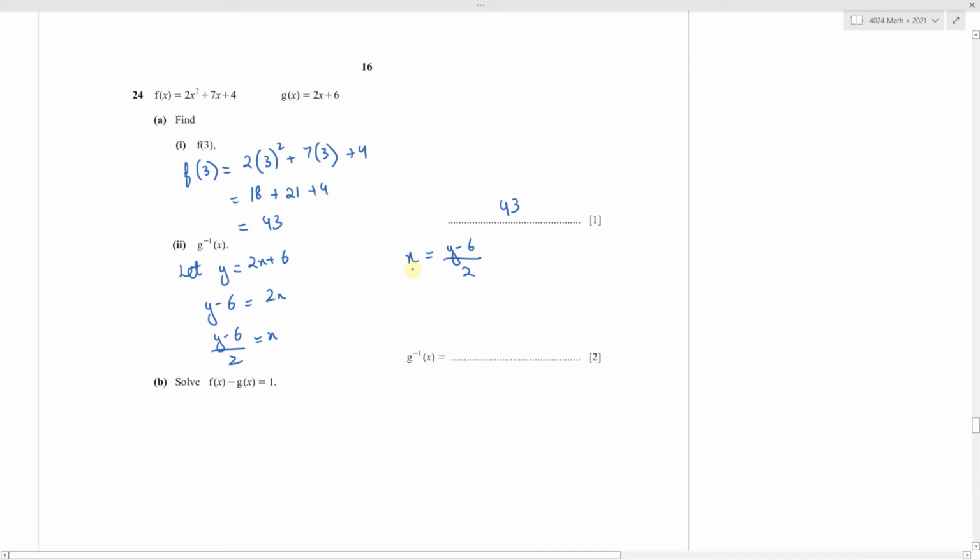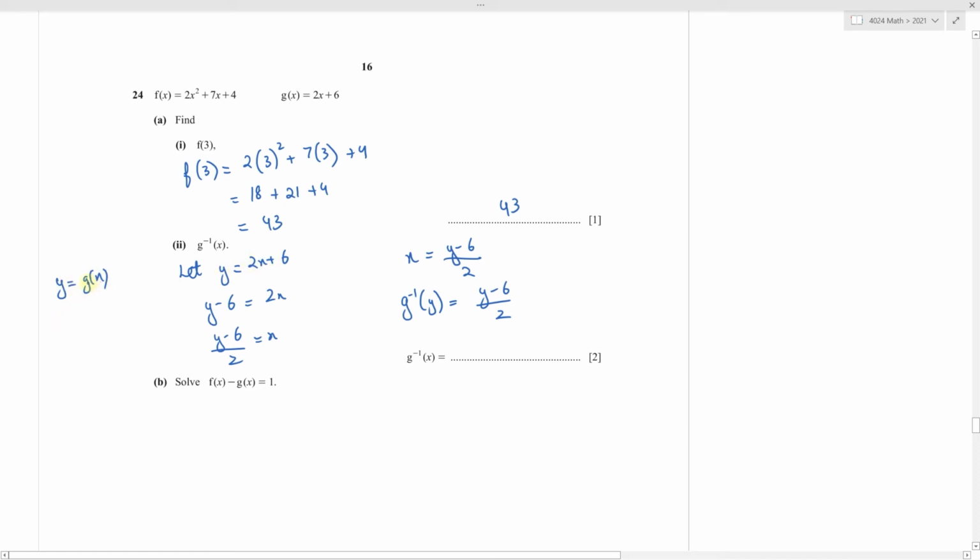So now you have x equals y minus 6 over 2. Once you have that, this is actually g inverse of y, which is y minus 6 over 2, because your y was equal to g of x that you wrote down here.